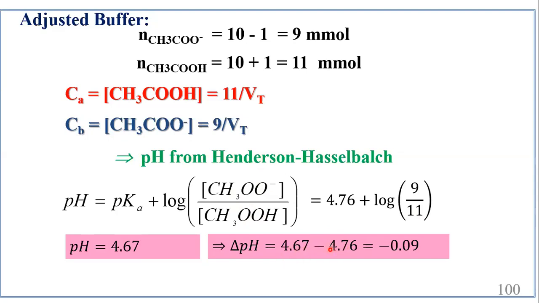So the change in pH will happen to be minus 0.09. In other words, the pH decreased by 0.09. And frankly, that change is hardly much. So the pH decreased less than 0.1 of a value point, which is hardly any variation.